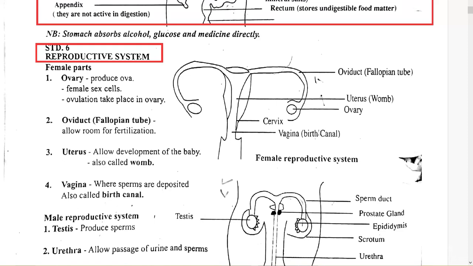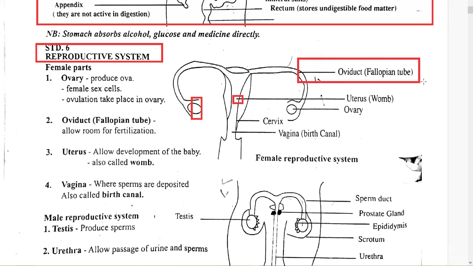This here is the canal, the vagina, the birth canal. We have the cervix. We have the uterus. This is the uterus here. And then we have the ovary. This is the ovary. And then this side here is called the fallopian tube, also called the oviduct.